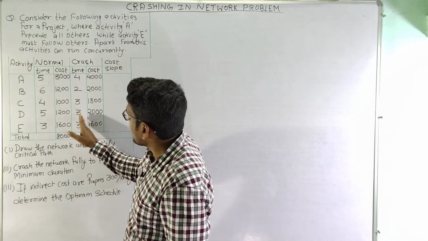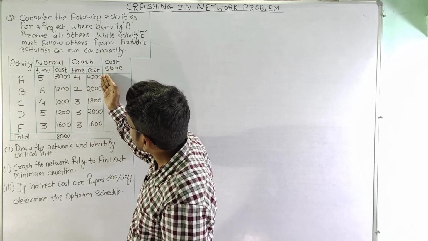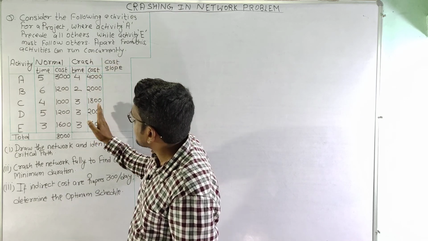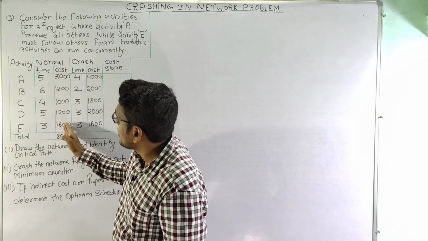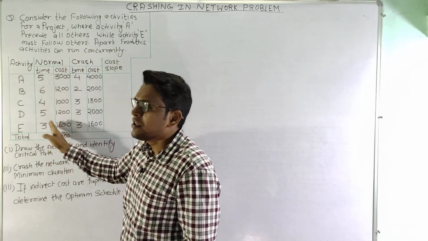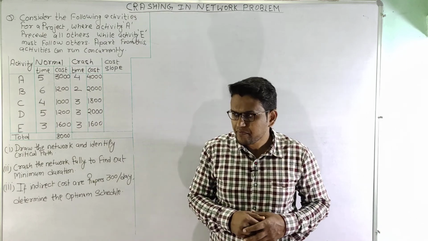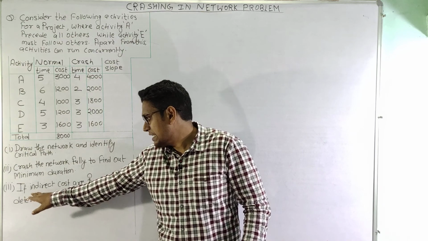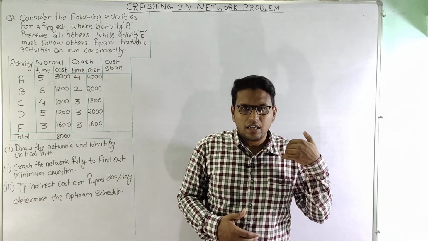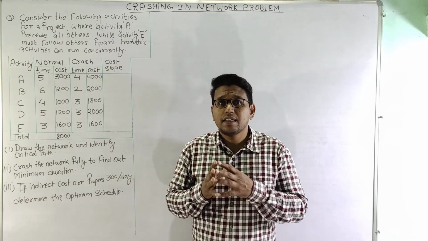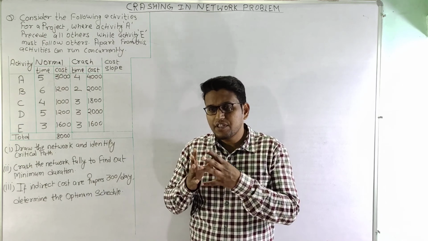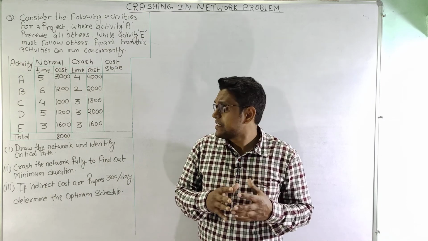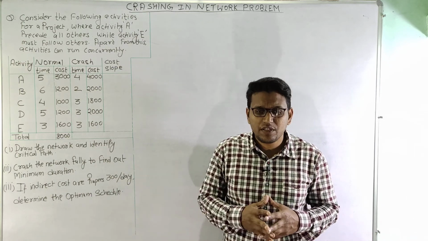And by going on crash time we will have some increased cost value which represents the crash cost as compared to the normal cost when the activities are completed in normal time. And the indirect or overhead cost is the cost which depends on the project duration only.